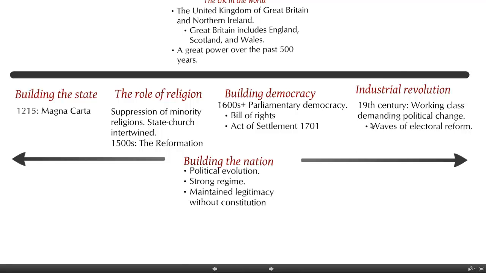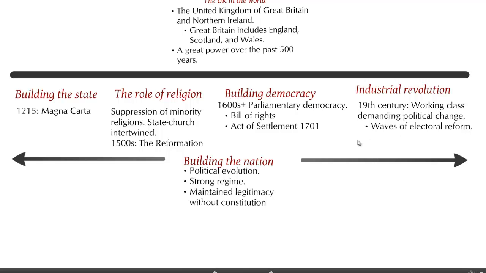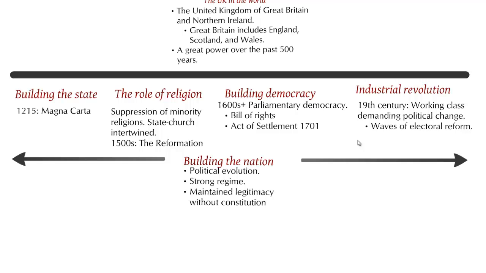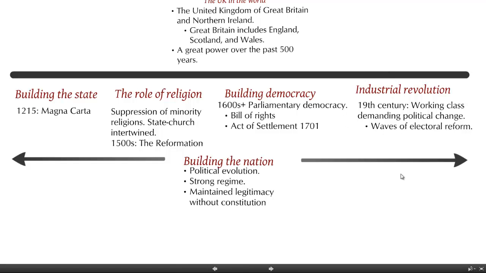And another component of this being the economy, of course, the Industrial Revolution, this huge fundamental restructuring of the economic infrastructure of the country. The Industrial Revolution actually takes off in Great Britain, and in the United Kingdom. This is where it starts. So we'll see the effects of the Industrial Revolution first here.